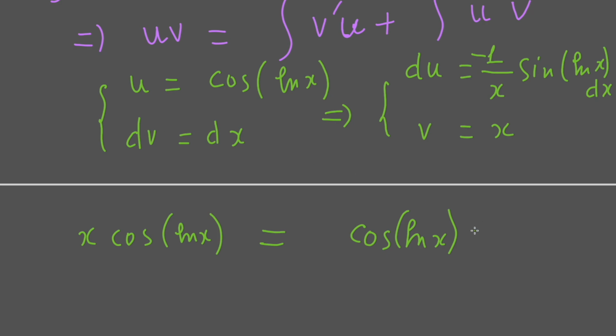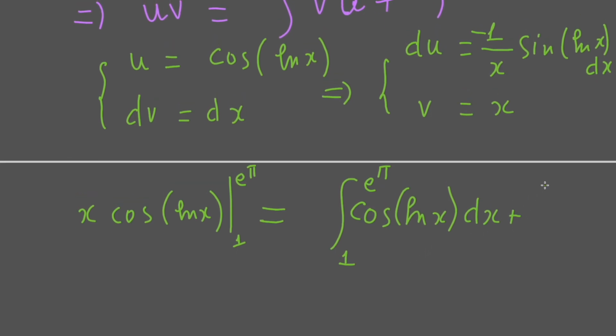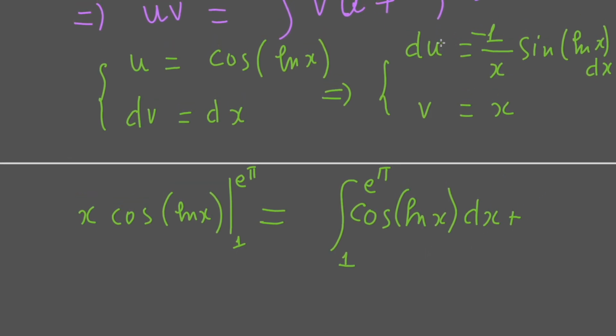It means dv equal to dx. It means the integral of the problem, A, is x cosine ln x from 1 to e power pi plus the integral from 1 to e power pi of sine ln x dx.